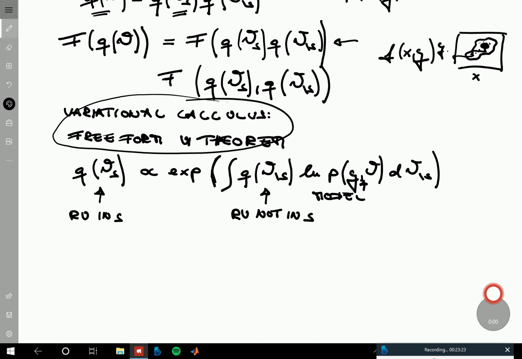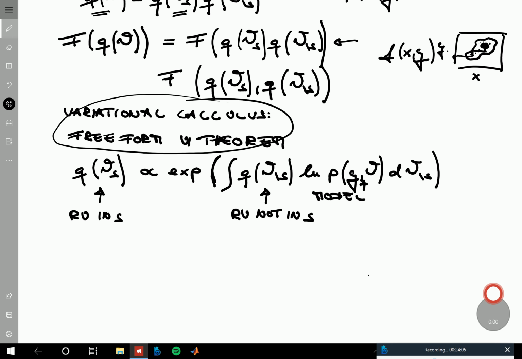And it says you have to solve an integral, namely you have to integrate the model, so usually a probability density function, over some variational distributions, and this will deliver the other variational distribution.